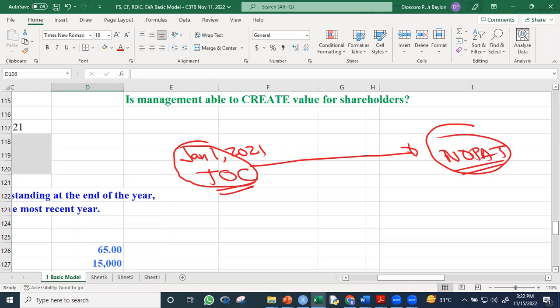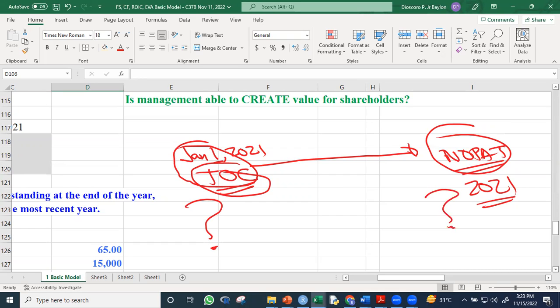They used what was given at the beginning of the year to generate this operating profit. How much was given to management at the beginning of the year, and how much operating profit was generated?